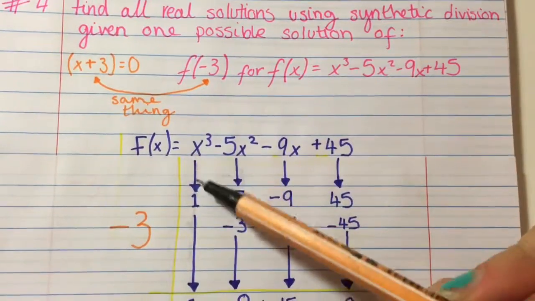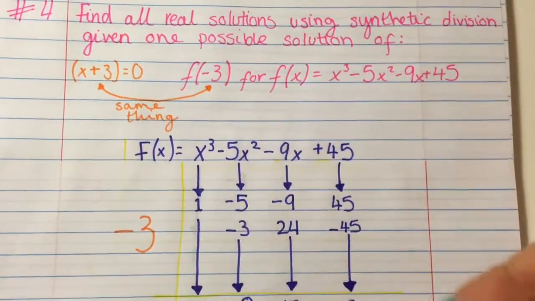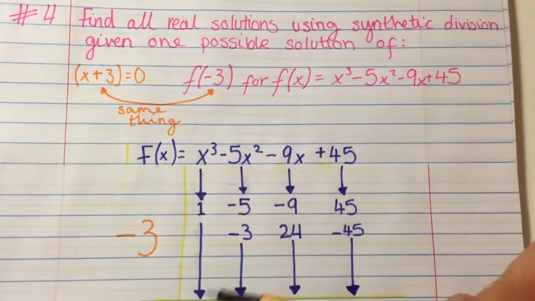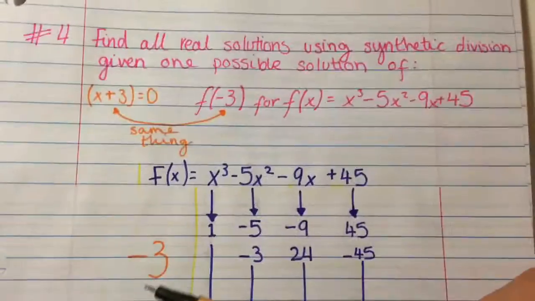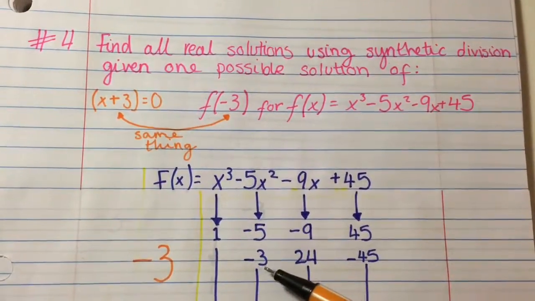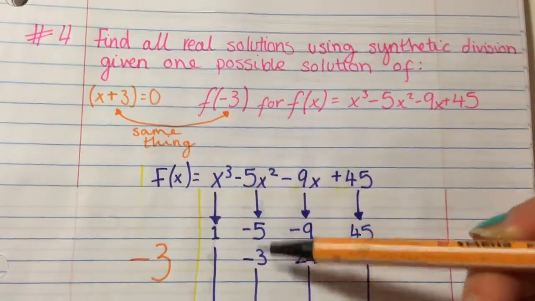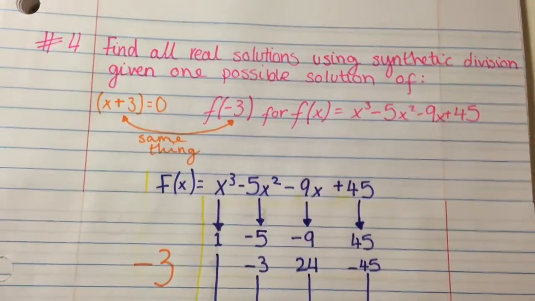Okay, so then for the first one, you just take the first number down, and it's just going to be 1. And then with that number, you times it by -3, which is going to equal -3. So then you add these two, which is going to be -8, and you put that down here.